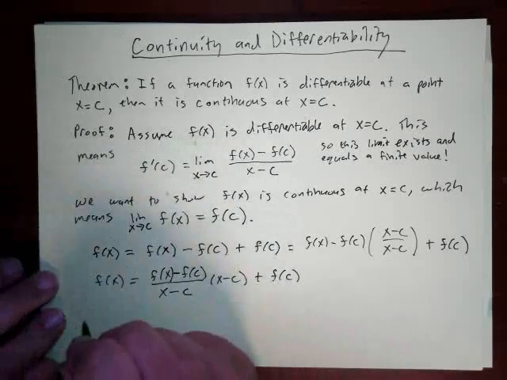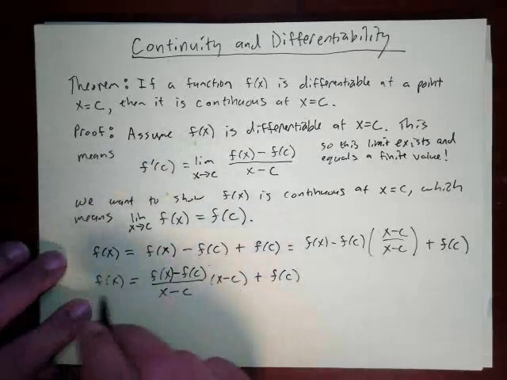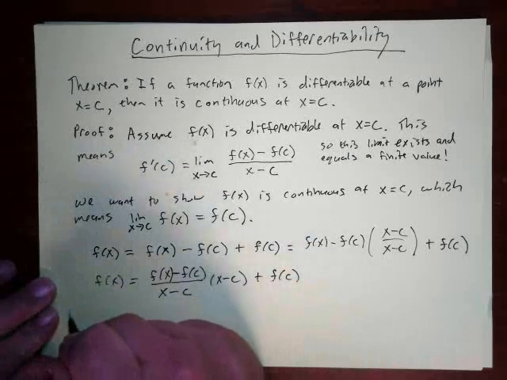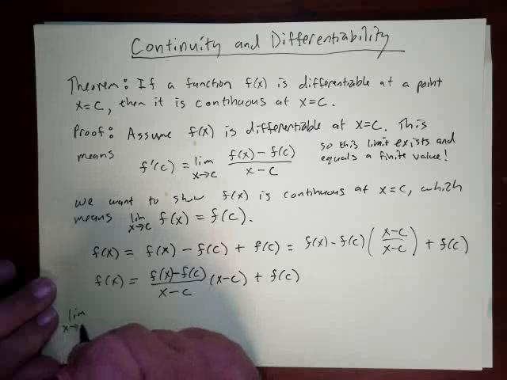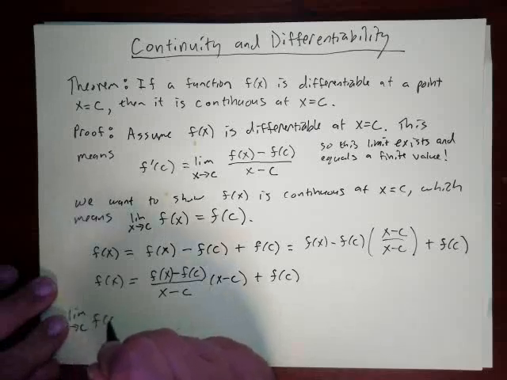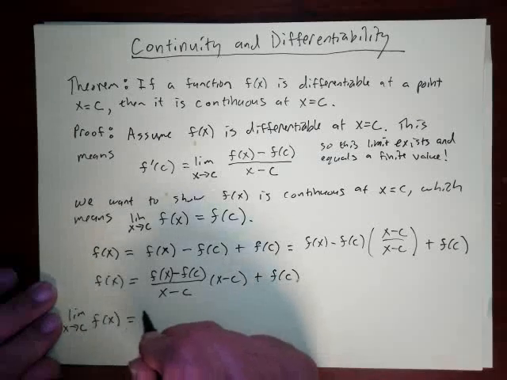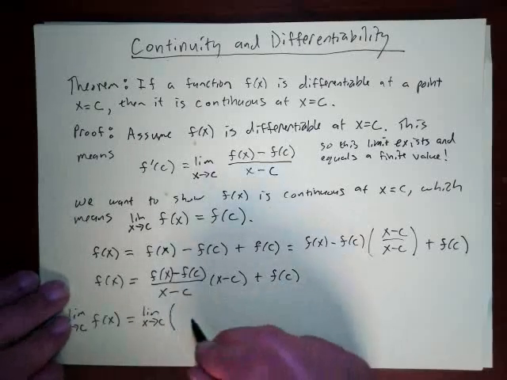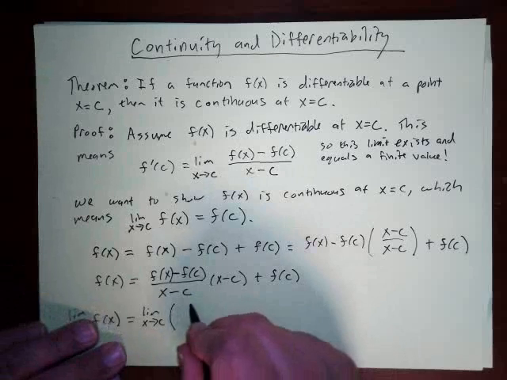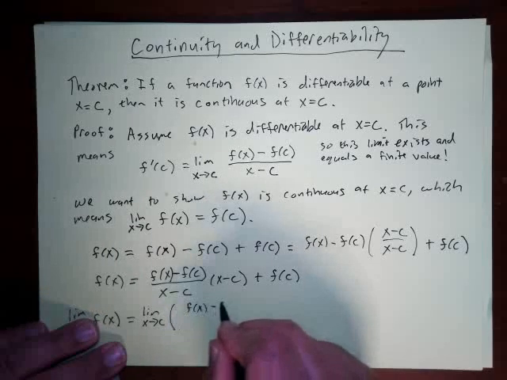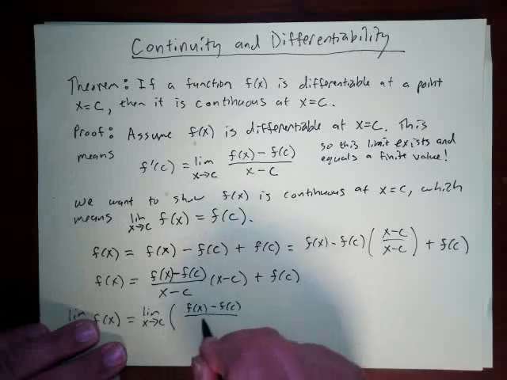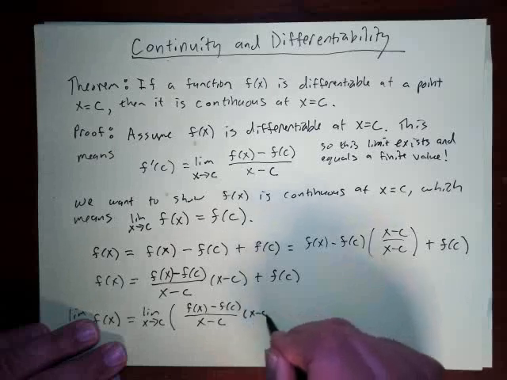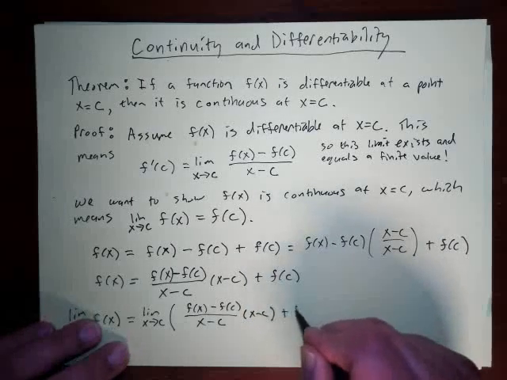So I'll take the limit of both sides. If this is equal to this, then the limit of that will equal the limit of this. So the limit as x approaches c of f of x is equal to the limit as x approaches c of f of x minus f of c over x minus c, times x minus c, plus f of c.